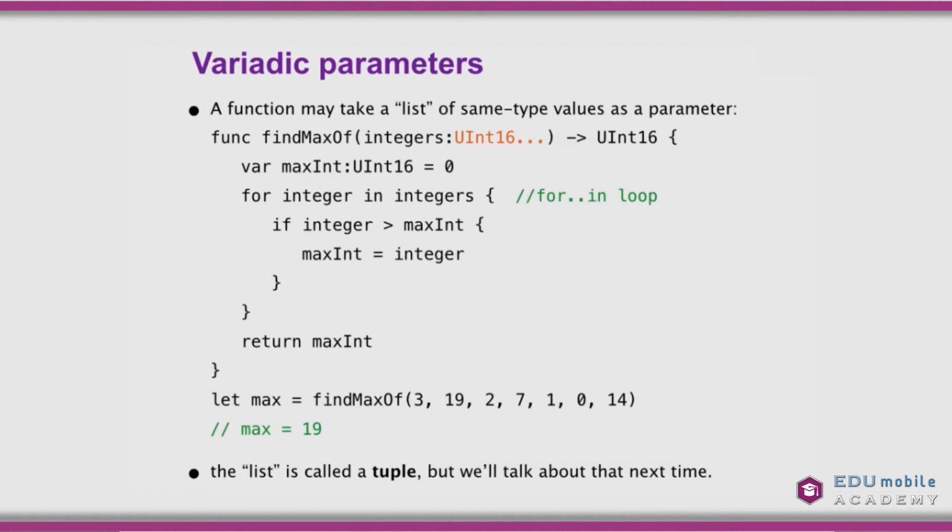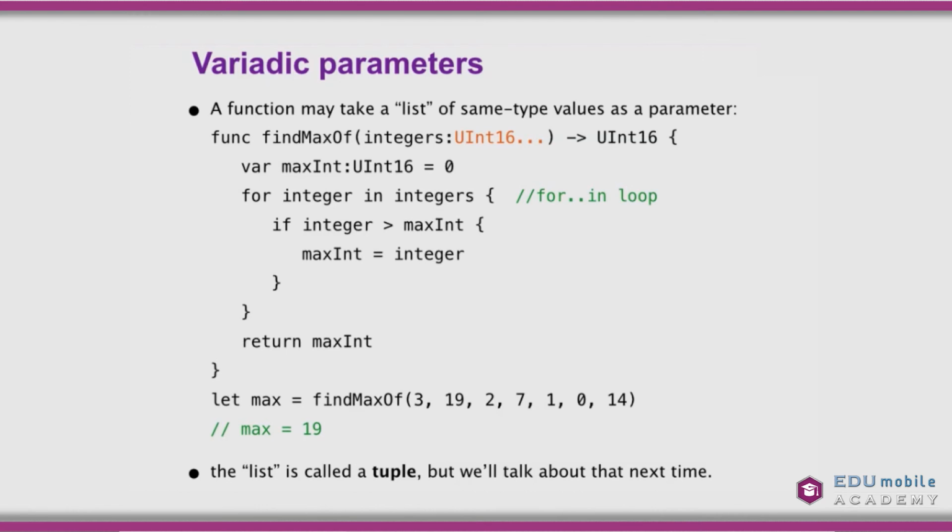We can also have variadic parameters. A function may take a list of same type values as a parameter. So here we're finding the maximum of a list of integers. Notice that we've declared these all to be of type UInt16, unsigned 16-bit integers, but we use ... to say, okay, I'm not giving you one of them, I'm going to give you a whole list of them, and then return the maximum.